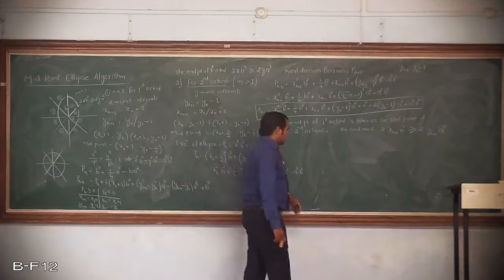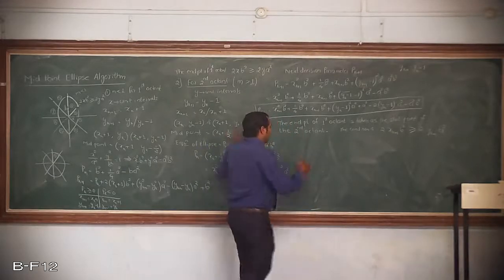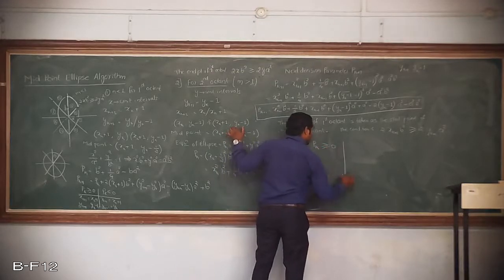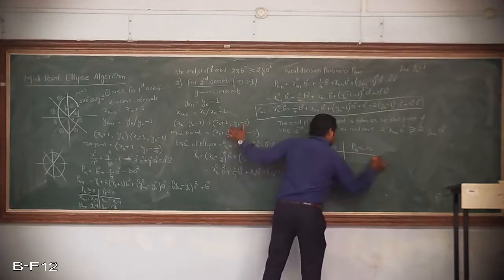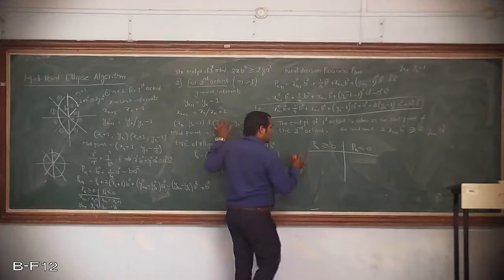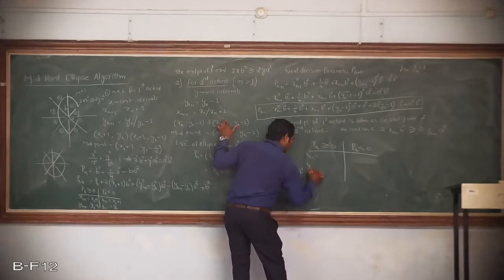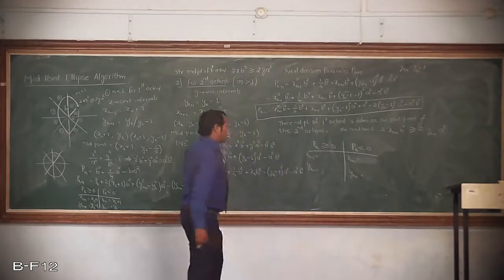The conditions are required here when the pk value is greater than or equal to 0 and when the pk value is less than 0. What coordinate should be taken? The next x coordinate and the next y coordinate I should decide: xk+1 and yk+1.